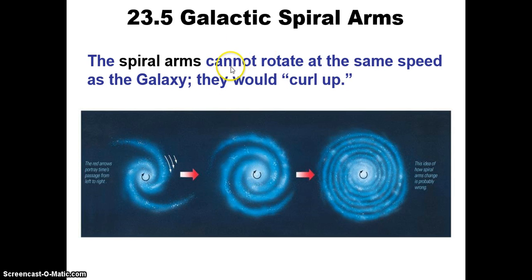It turns out, just due to the physics of this rotation of the spiral arms, we feel that the spiral arms would wind up. They basically wouldn't show any spiral structure at all after just one or two rotations.